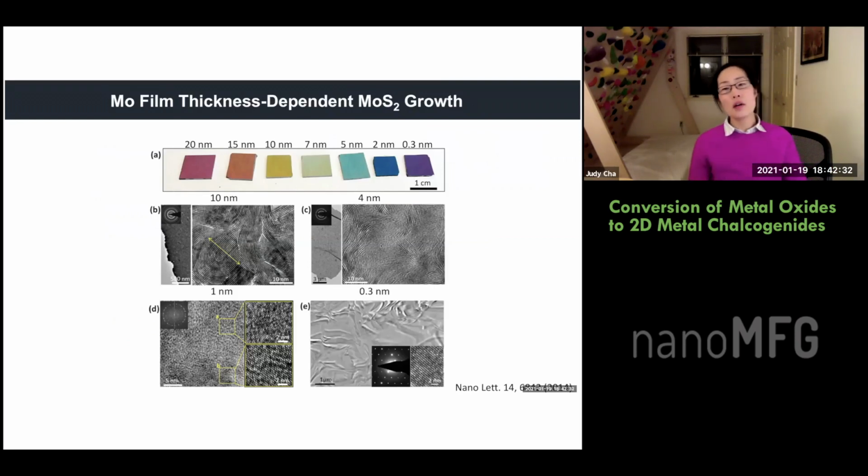So here, this is sputtered moly film, nominal thicknesses of 20 nanometers down to sub-nanometer. And then we just put everything in the same chamber. So one-go synthesis of all of them just to make sure that the growth parameters stay the same. And what we see is that these vertically standing layers at thick films end up turning into a flat, nice moly sulfide film.